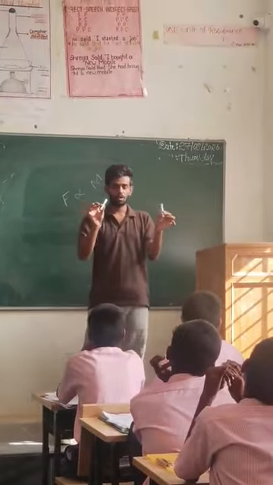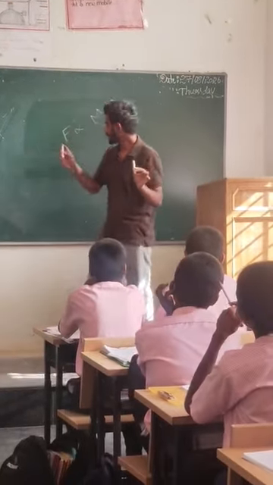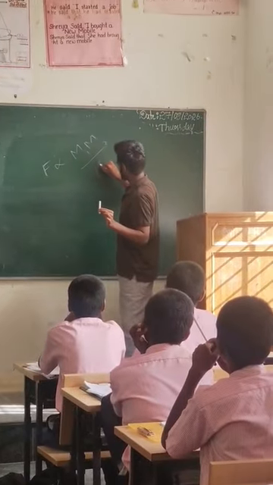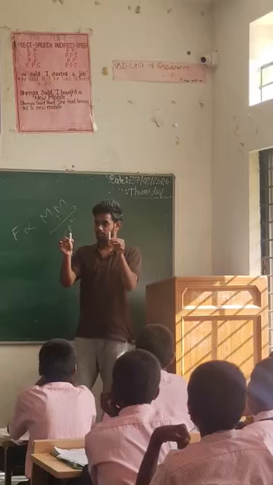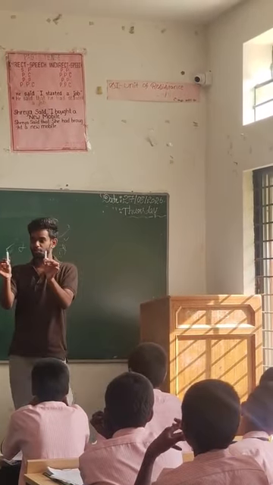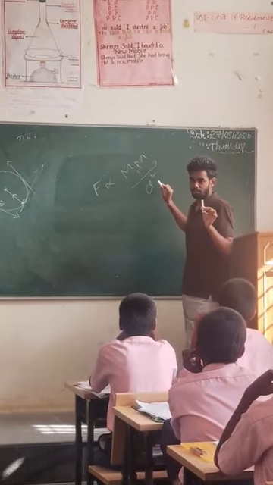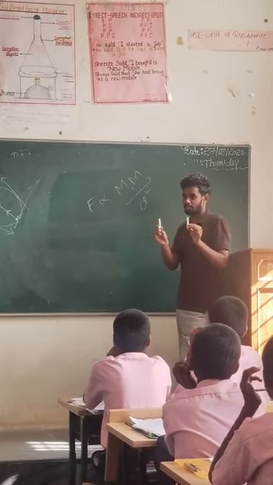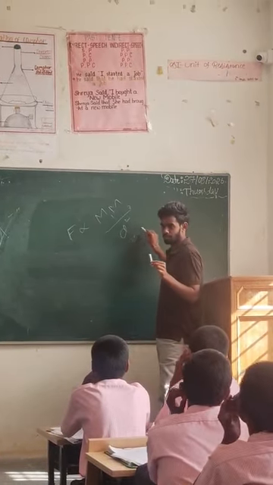Assume 1 meter is the distance, or if you are willing to calculate, assume 2 meters. Then it is 2 meters by d square. You have to find the force between two objects using the square of the distance, not only the distance. If it is 2 meters, you have to multiply 2 by 2, right?